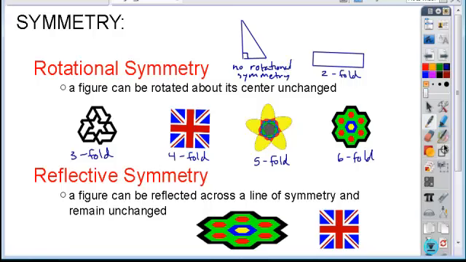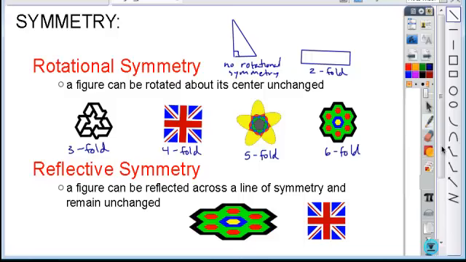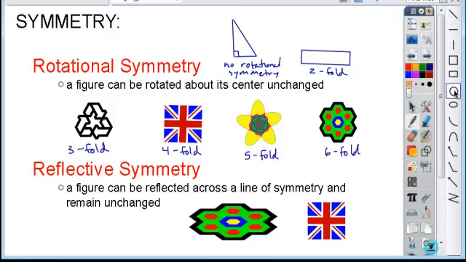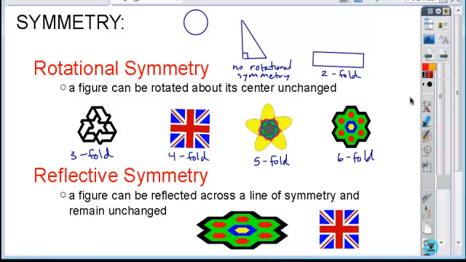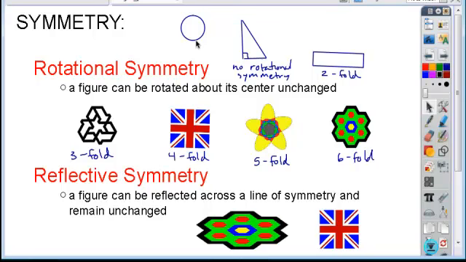Okay, now there's one last shape that will cause some potential confusion on the labeling and naming, and that's this shape. If we were rotating this, how many times can we rotate this about itself and have it map back onto itself?